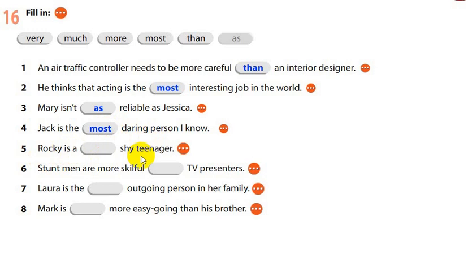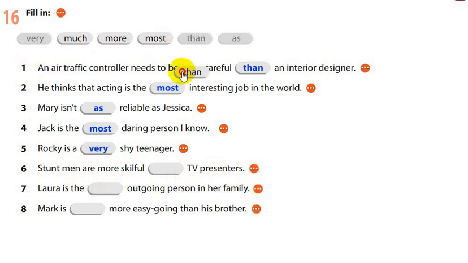Rocky is a very shy teenager. We just have shy and not some comparative or superlative form. So use the word very. Stuntmen are more skillful than TV presenters. Here we have the same situation as in the first sentence.